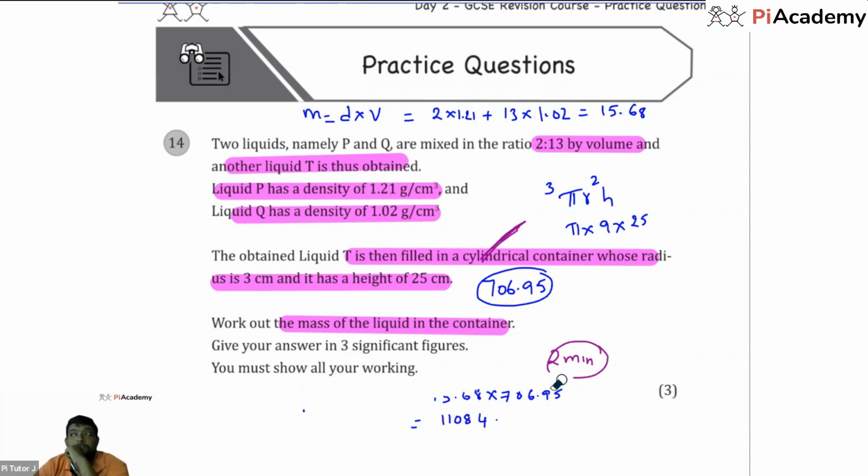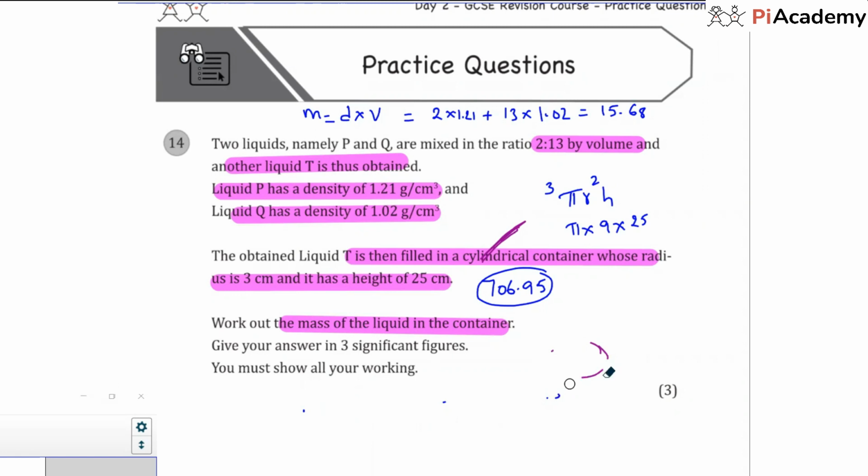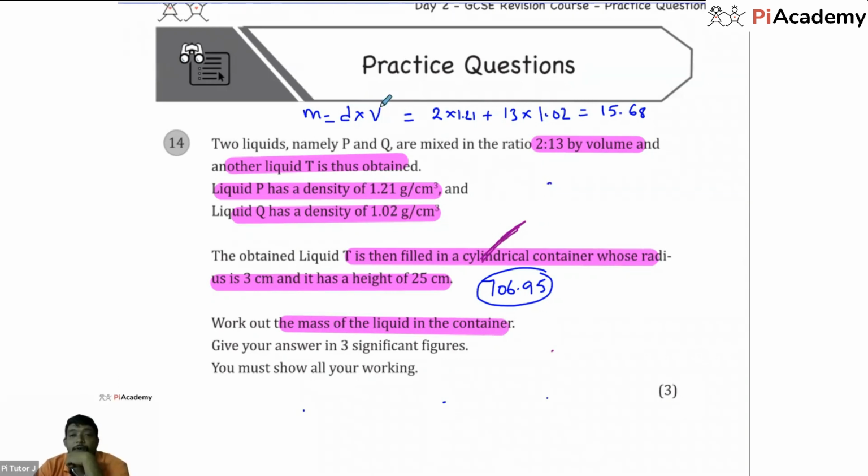I got the value of P, which is the amount of P in the whole volume, going to be 30 pi, I think. And then Q is going to be 195 pi. How did you calculate that?